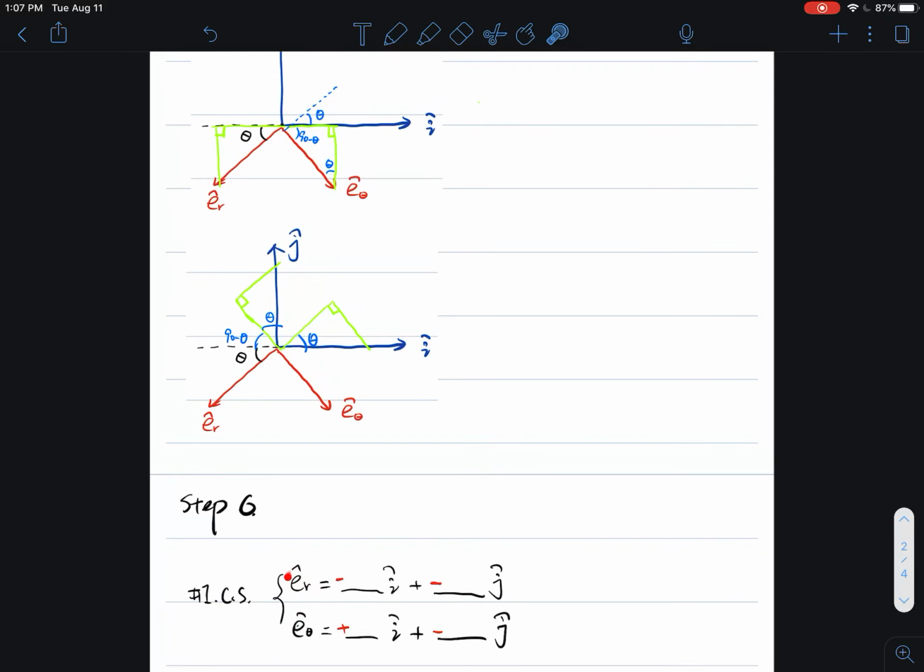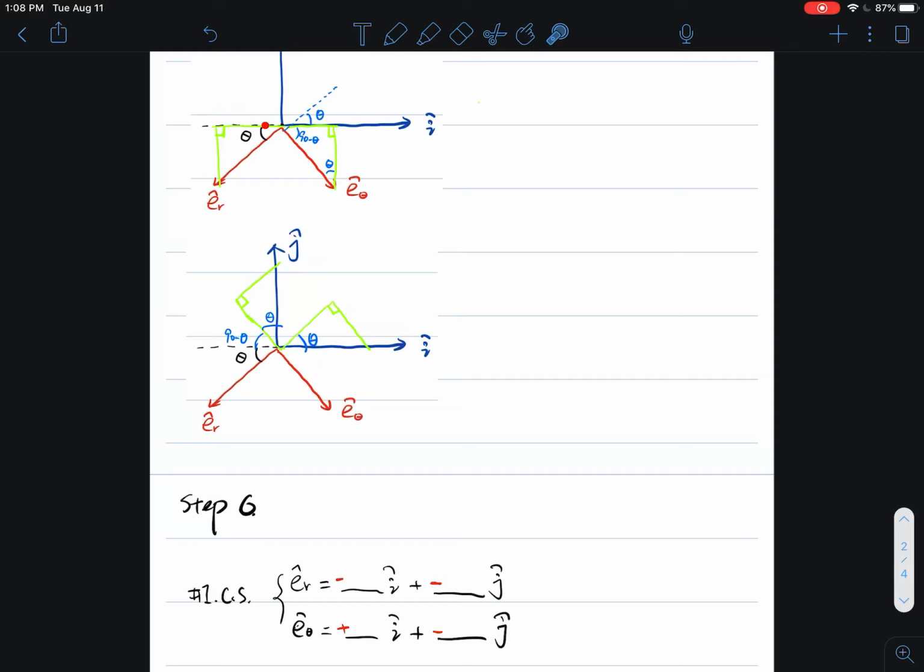Here we want to know how much ER is in the I direction, how much ER is in the J direction. So that can be reflected on the triangle we built. So ER, let's look at the triangle with ER. Inside of this triangle here, one edge represents the length in the J direction, and another edge represents the length in the I direction.